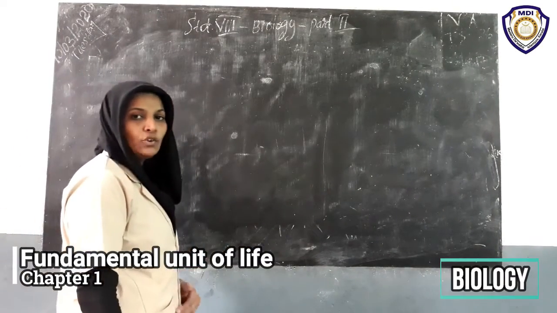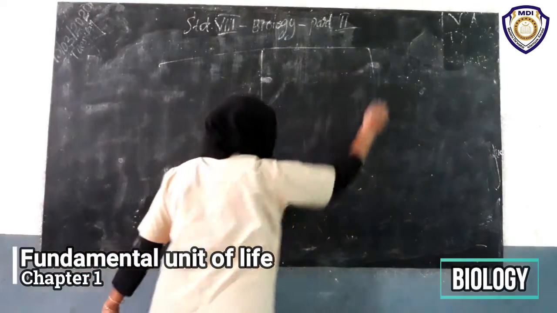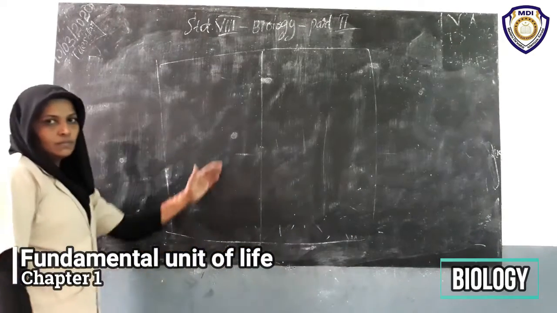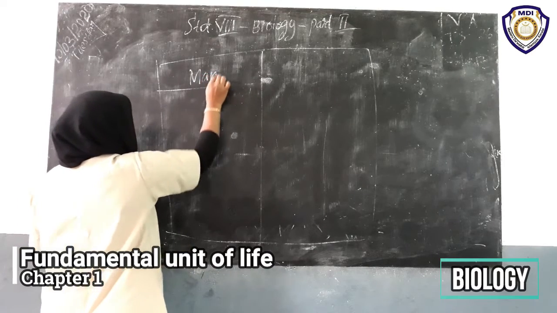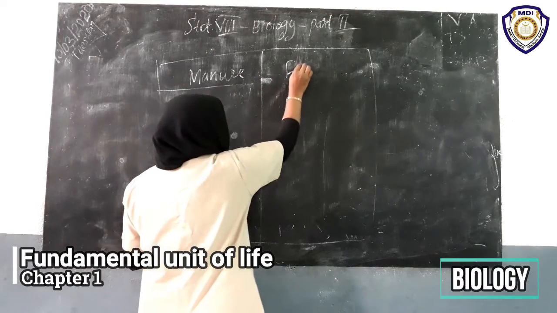Differences between manure and fertilizers. See this, children? This is the column. In one column manure, in the second column fertilizer.